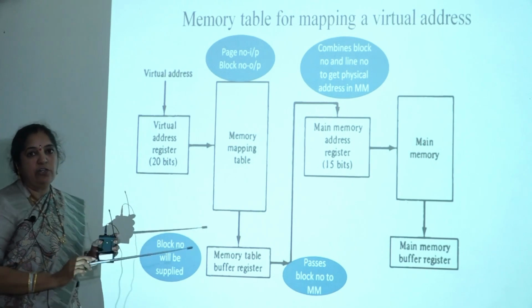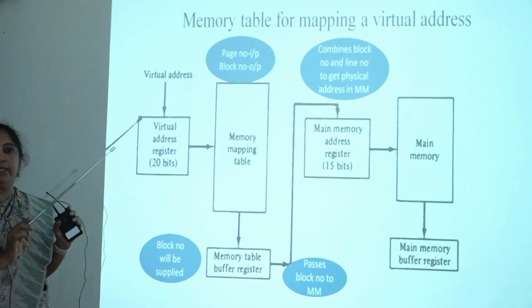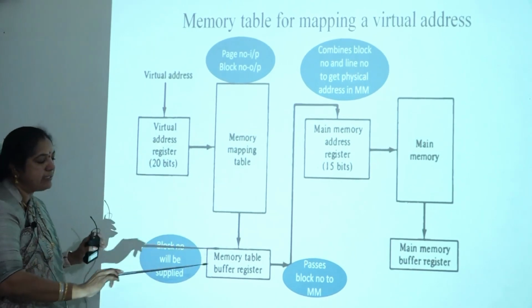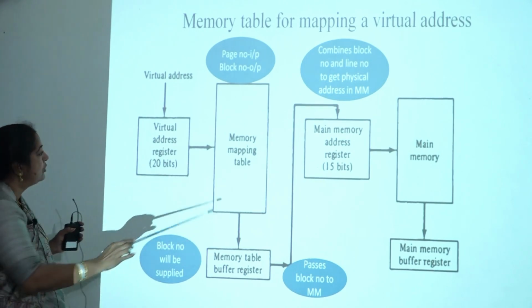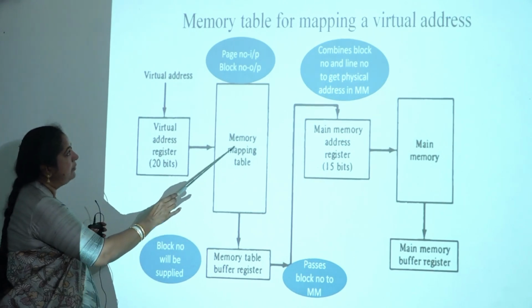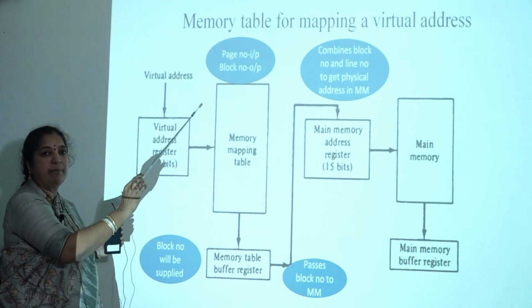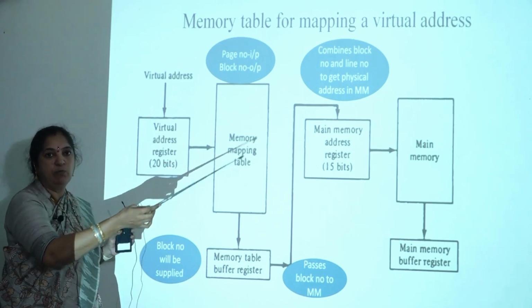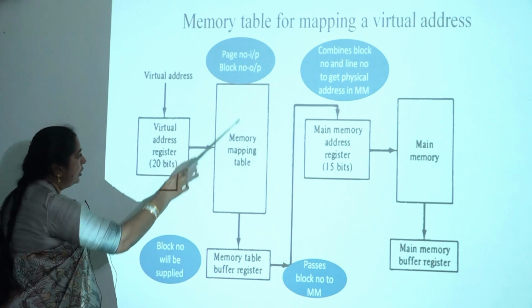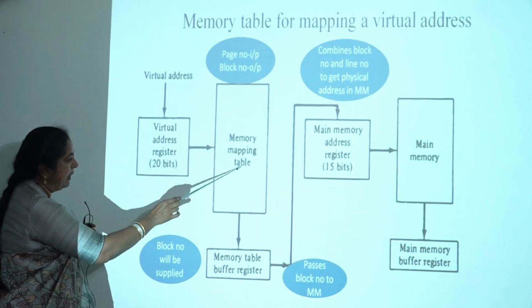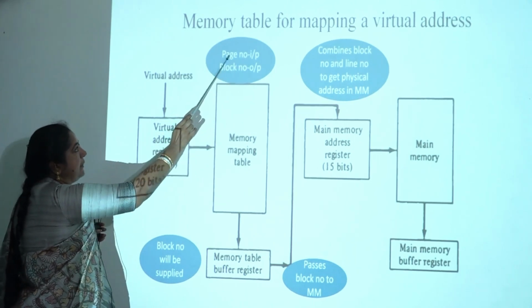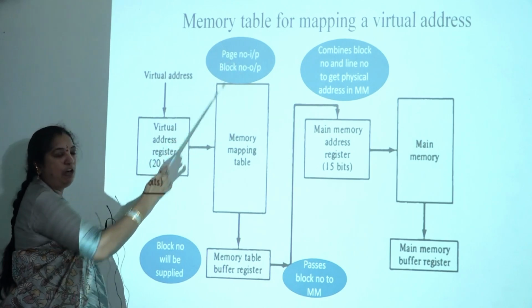As I told you, you will study this in detail in operating system; here, understanding the concept is sufficient. The memory mapping table has the page number and the corresponding block number, meaning which block is allocated to that page. So for this memory mapping table, the input is the page number and the output is the block number.